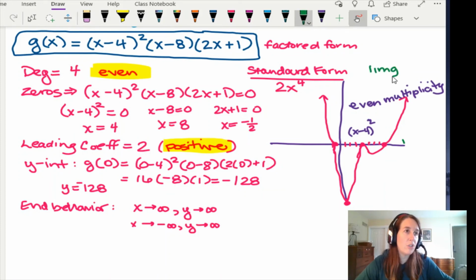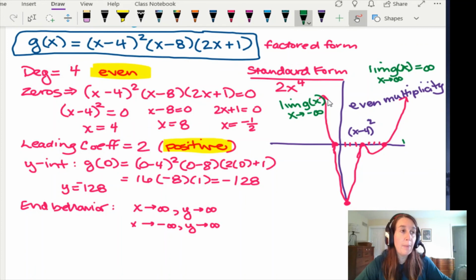Limit of g of x as x approaches infinity is equal to infinity, right? It's going up there. And over here we have the limit of g of x as x approaches negative infinity, and that is also infinity. Okay.